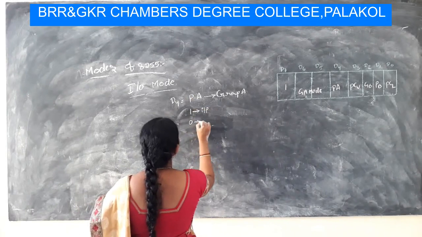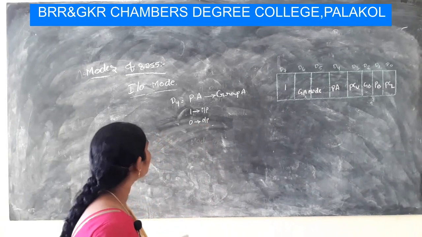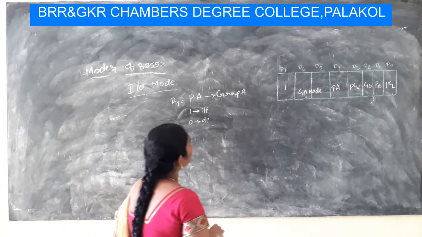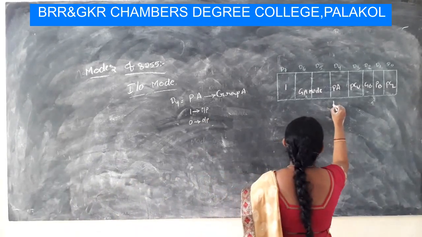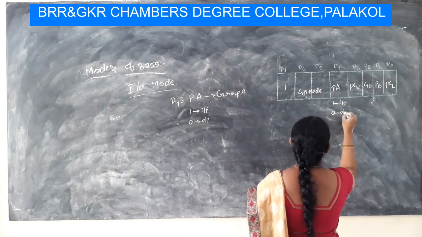When port A is equal to 0, it will act as an output port. So here 1 is for input and 0 for output.